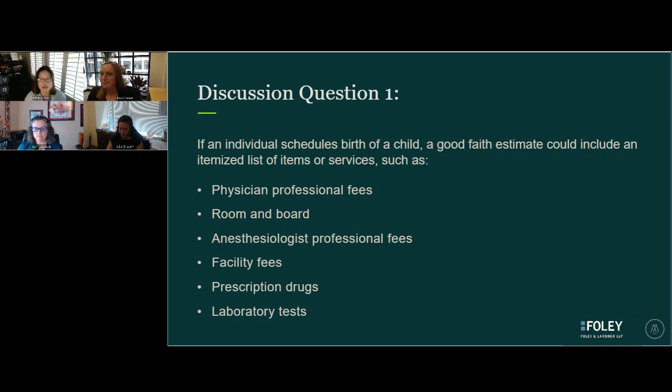Yeah, thank you, Kara. So, we would like to think that we can all schedule the birth of a child exactly on the dot, right? But there are definitely occasions where you have a complication during the birth where maybe it was a scheduled vaginal birth that became an emergency C-section as an example. So it's not uncommon, it does happen, right? And a scheduled C-section is also something that does happen as well.